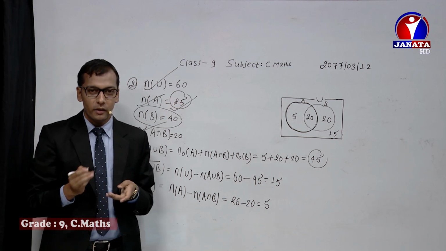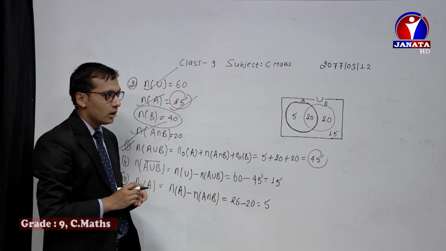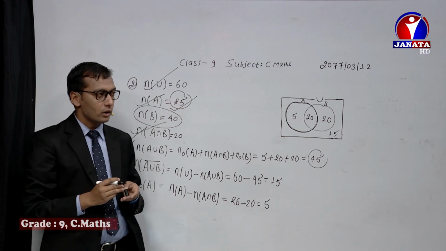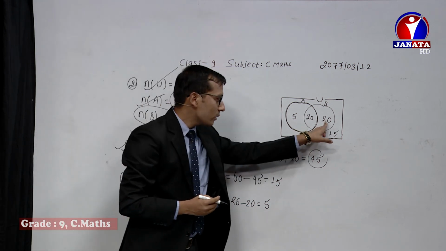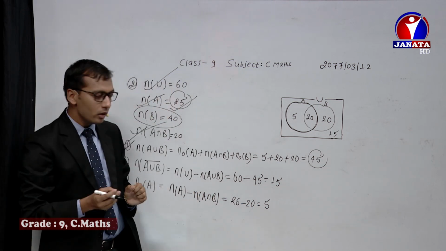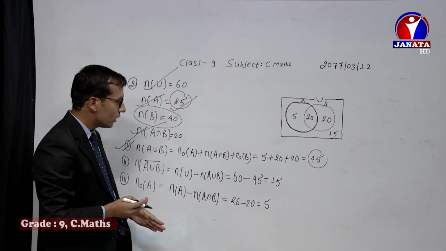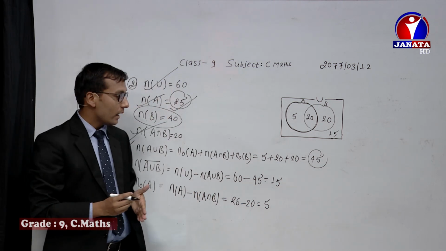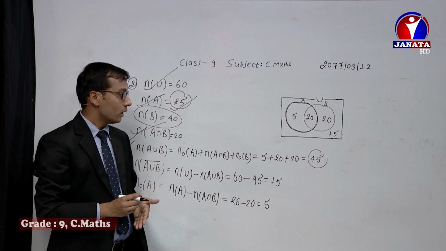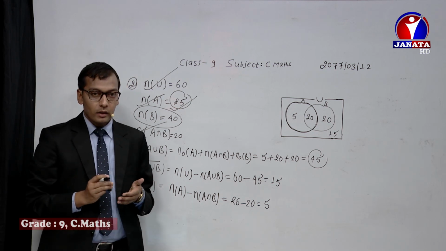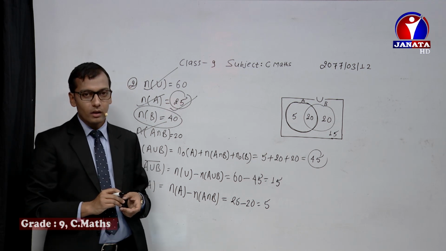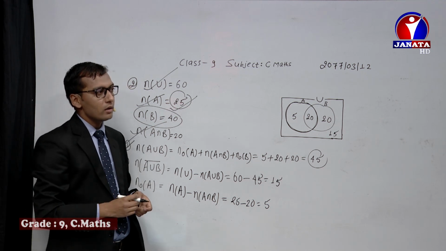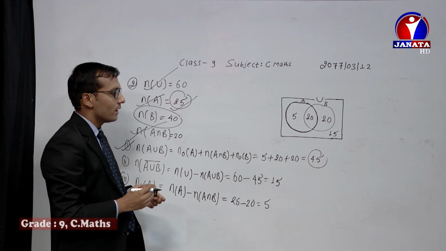Similarly now, if I add some more questions, what is n only B? You can directly look at the diagram, 20 is the answer, or we can use a similar formula to find n only B. So this is the second question I discussed, and this is a simple question in sets.